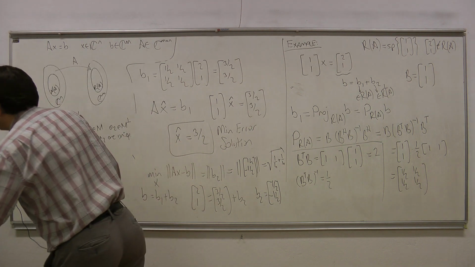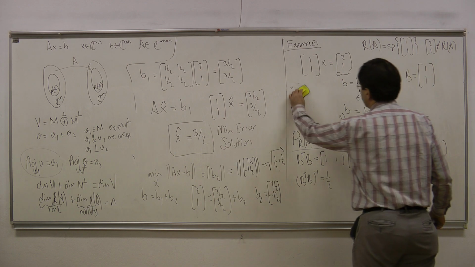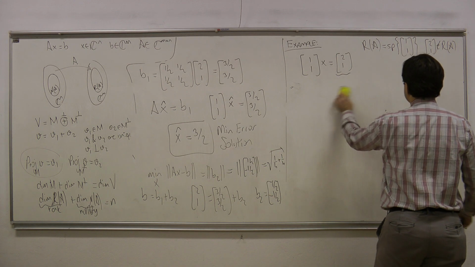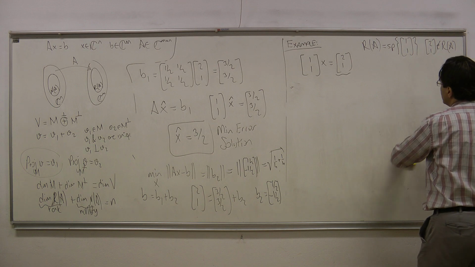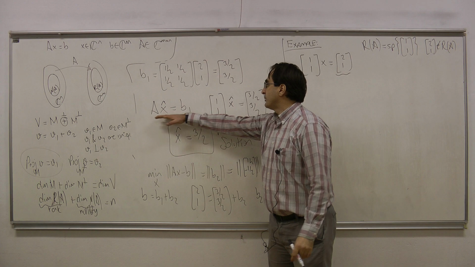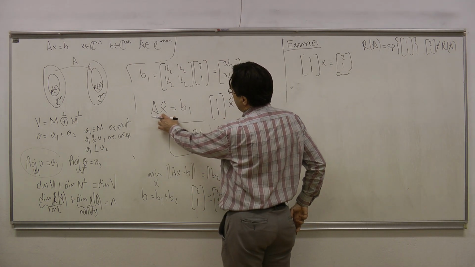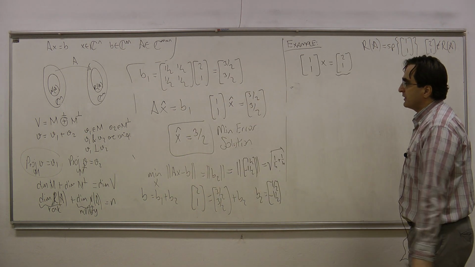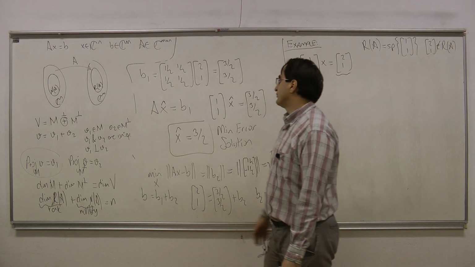And there is a final question that I'm going to ask here. Is this minimum error solution unique? We have calculated the minimum error solution, and is this solution unique? It all depends on the null space of A. So I have here AX set equals to B1, and I have found X set which satisfies that equation, and the uniqueness of that solution depends on what the null space of A is.